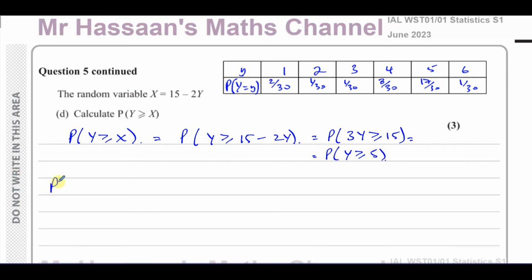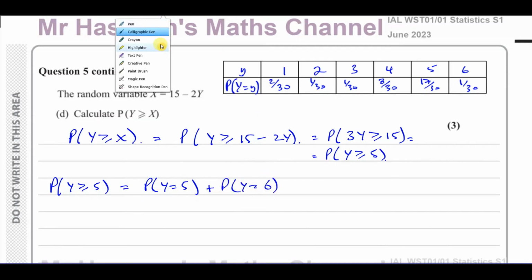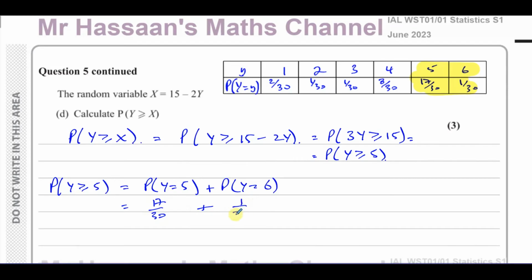So finding this is the same as finding the probability that y is greater than or equal to 5, which is the probability that y is equal to 5 plus the probability that y is equal to 6. Basically it's these two that we have to worry about. For 5, it's 17 over 30, and for 6, it's 1 over 30.